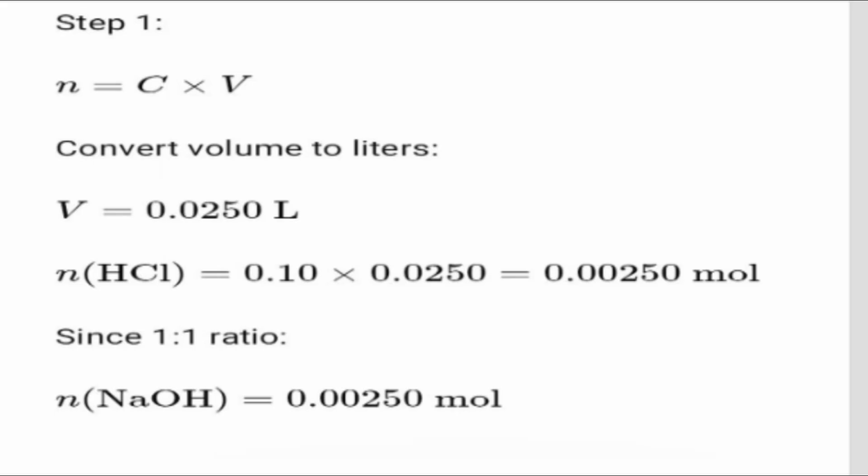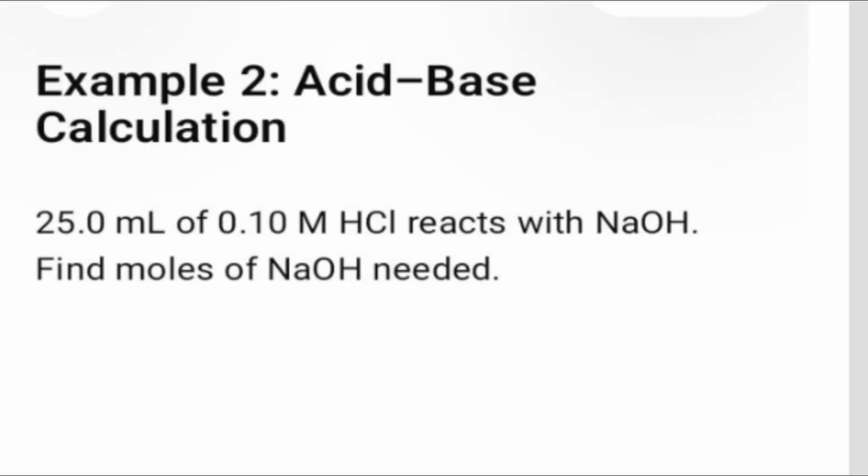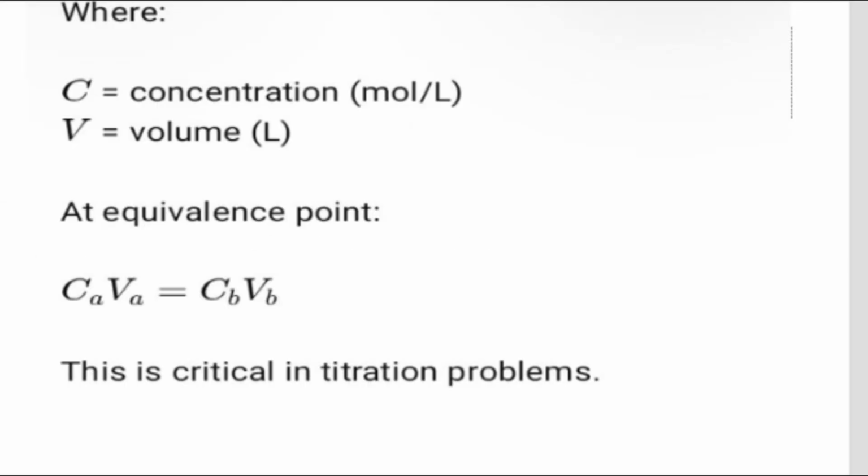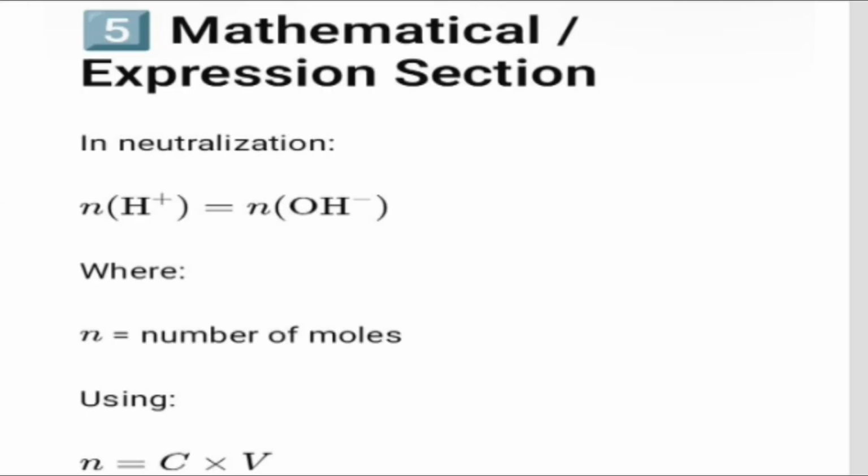What we see is hydrochloric acid is an acid, sodium hydroxide is a base. So what we are just trying to say here is we are just proving the formula we gave earlier, which is number of moles of hydrogen ions is equal to number of moles of hydroxide ions, because number of moles of hydrogen ions is from the acid, and number of moles of hydroxide ions is from the base.